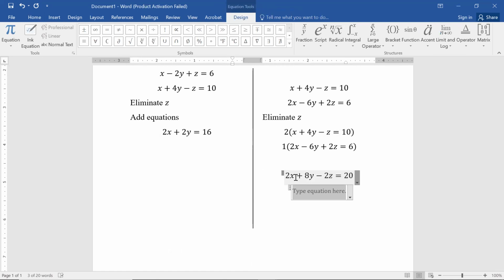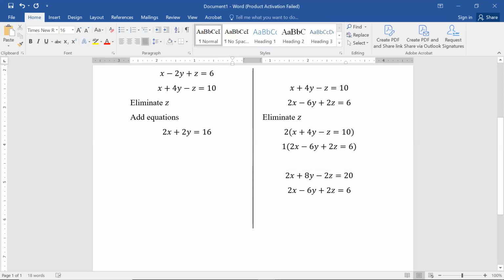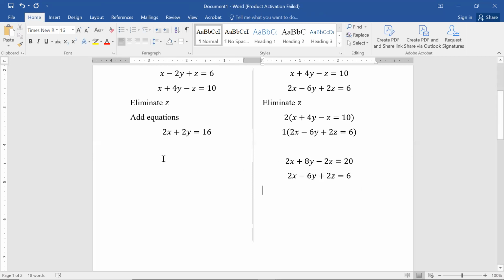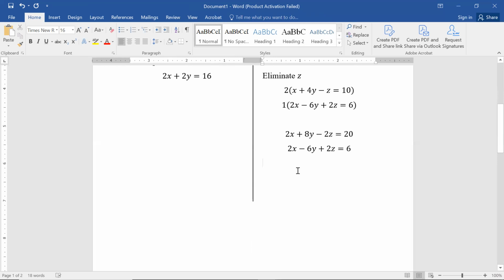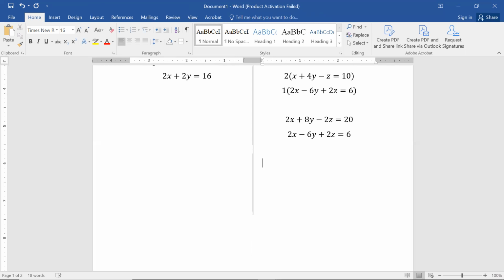And 2x minus 6y plus 2z is equal to 6. Again, for a refresher on the elimination method and how I'm doing that, you can look up my elimination method videos.